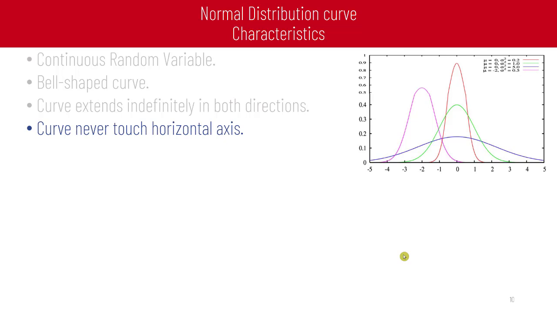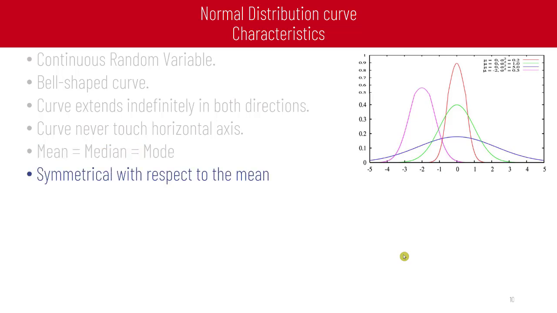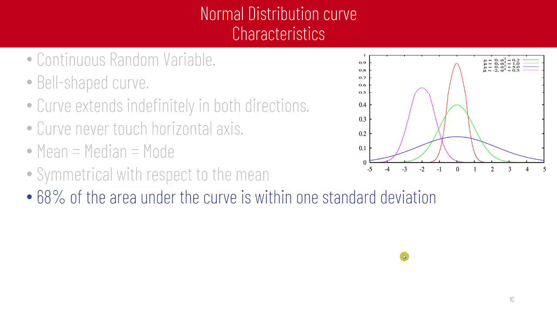The curve never touches the horizontal axis. The mean, median, and mode of the curve are equal for the normal. Symmetric. The curve is symmetric with respect to the mean. This means the right part of the curve is symmetric with the left part of the curve.